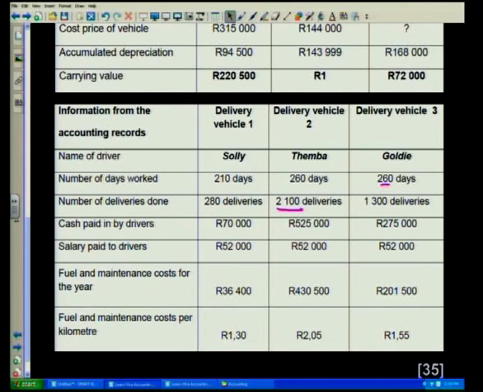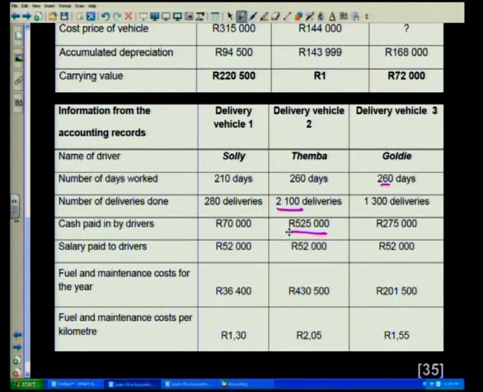What's important to realize though, please take a look at the revenue that Goldie is bringing in. Temba is bringing in revenue of 525,000 Rand. That is the cash that he is paying into the business every month. Delivery vehicle 3 though, Goldie, is paying in only 275,000 Rand.